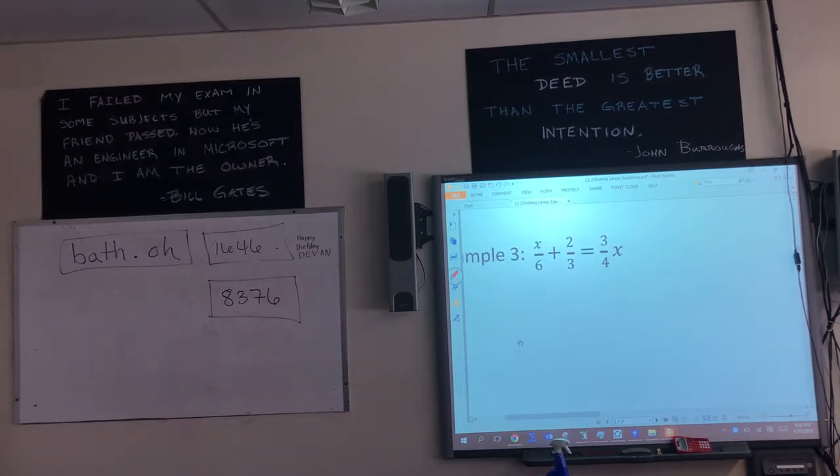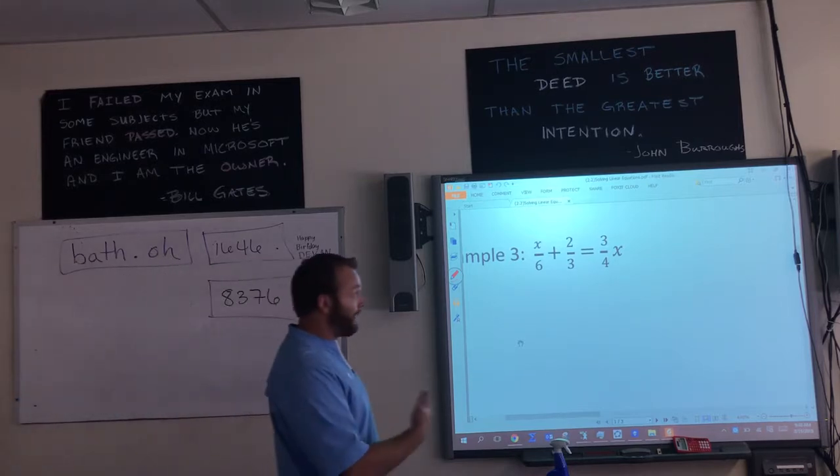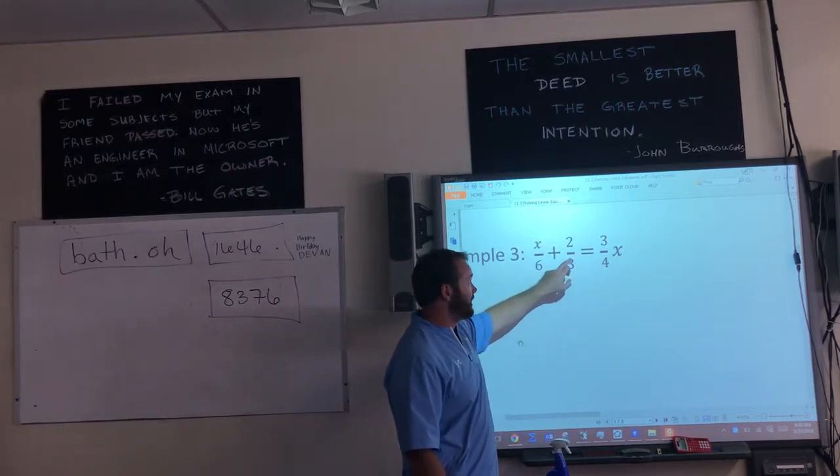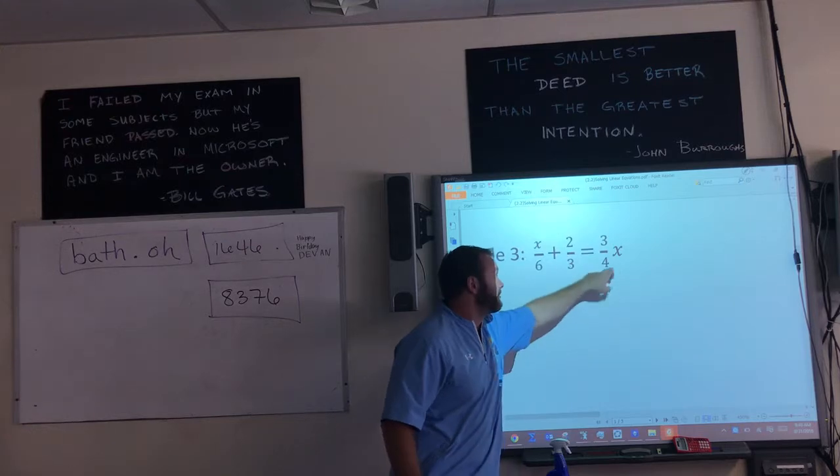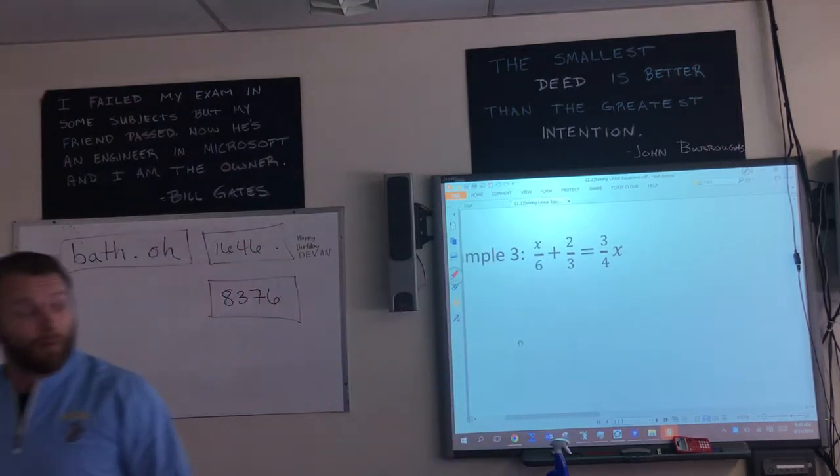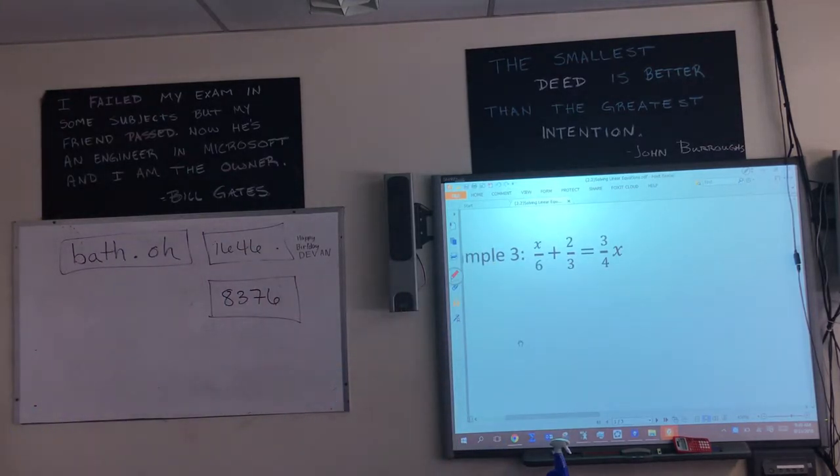Usually you're taught LCD, least common denominator, because that's going to make the coefficients in your new equation a little bit easier, but it doesn't have to be an LCD. If I'm not sure about my common denominator, take all your denominators: 6 times 3 is 18, times 4 gives me 72. If you multiply everything by 72, it will still work.